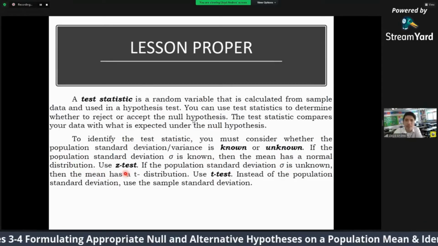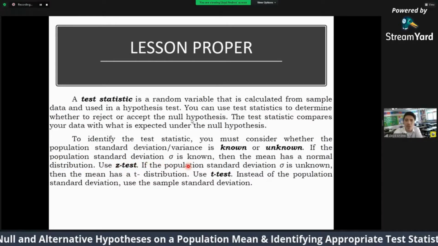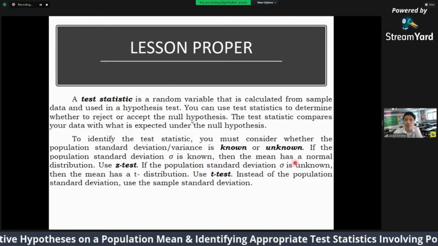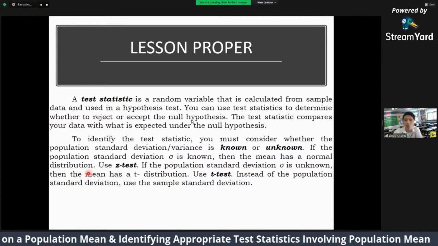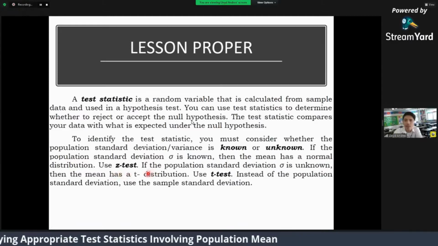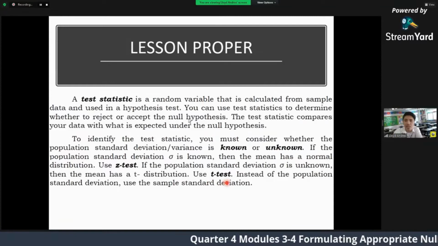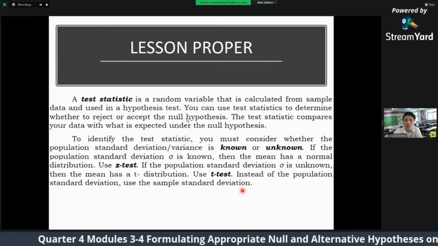So again, kung given ang population standard deviation, tapos ang mean has a normal distribution, we need to use z-test. But if the population standard deviation is unknown, then the mean has a t distribution, use t-test. Instead of the population standard deviation, use the sample standard deviation.